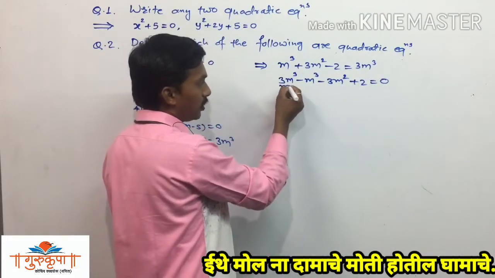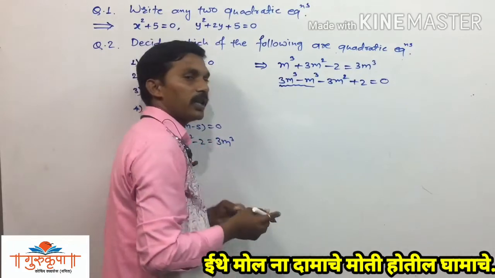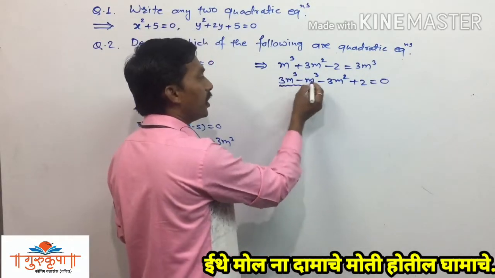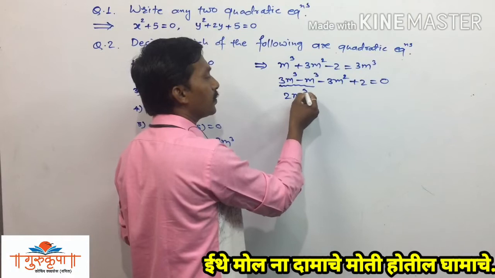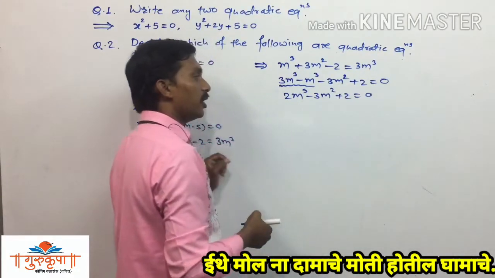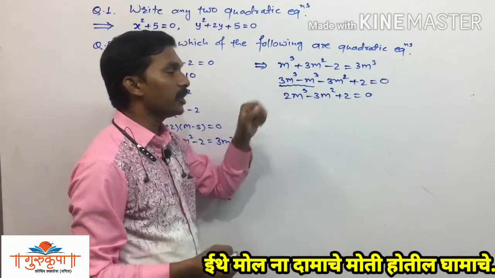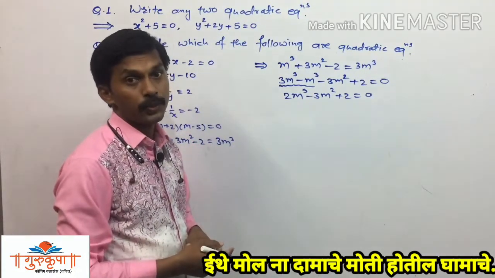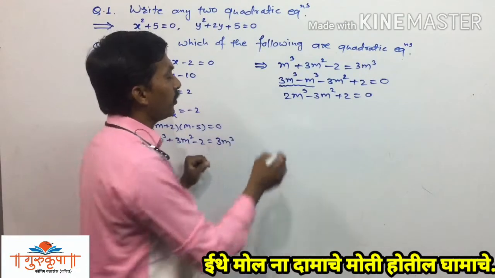Now, these two are similar terms, so we can subtract them. That is 3m cube minus m cube, it is 2m cube minus 3m square plus 2 is equal to 0. Here we have only one variable, but the degree is not 2. So it is not a quadratic equation.